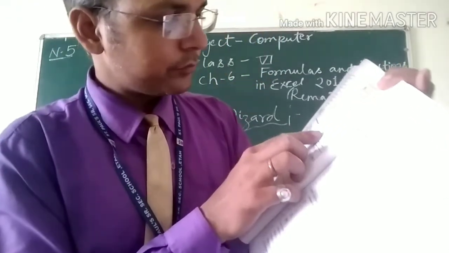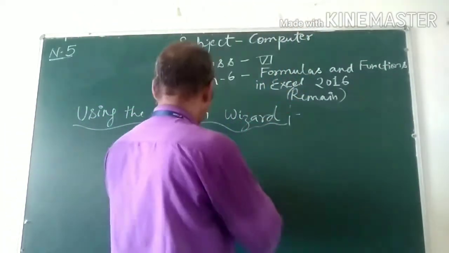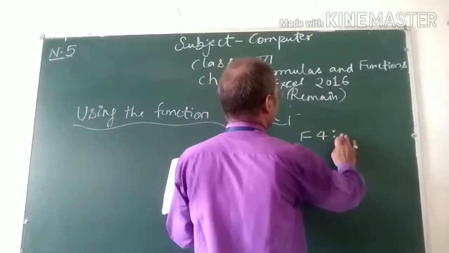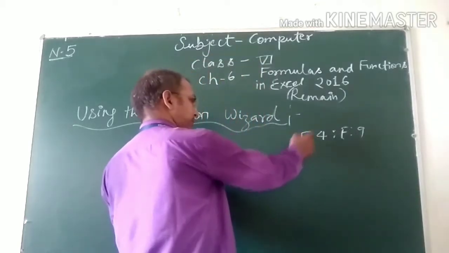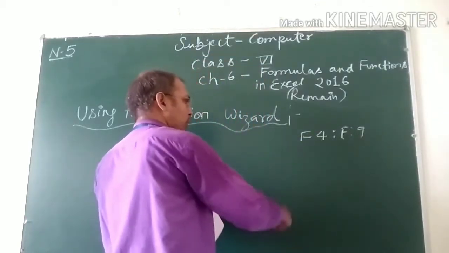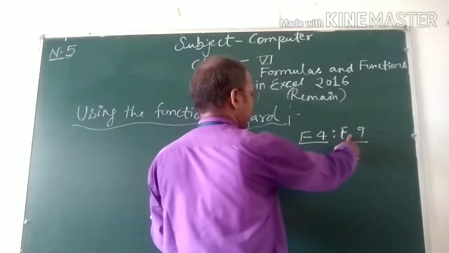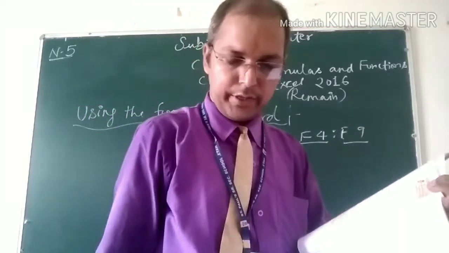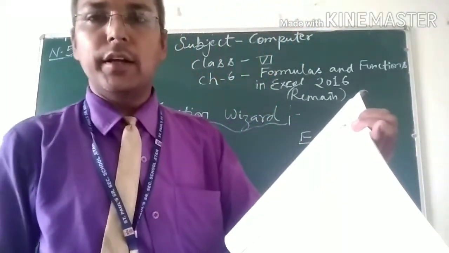Suppose I go to F4 to F9, that means column F, row 4 to row 9. So the cells F4 to F9 will be selected. F4 to F9 is the cell range.